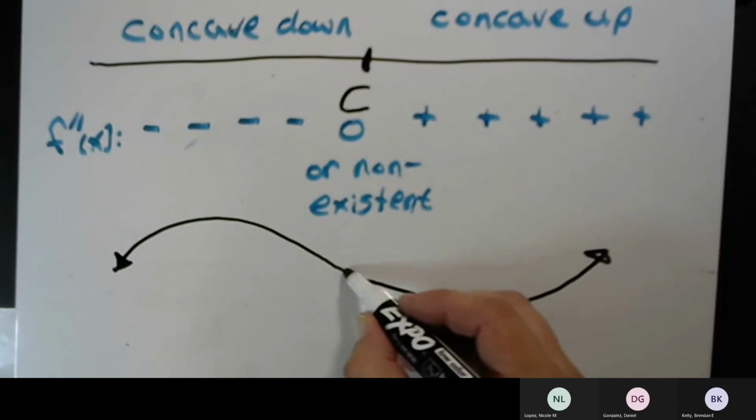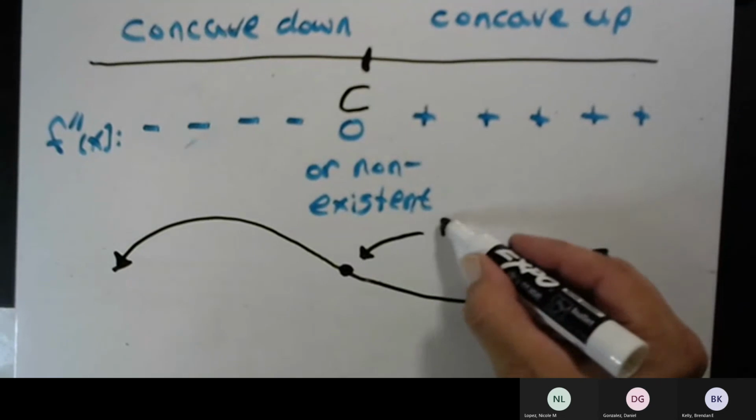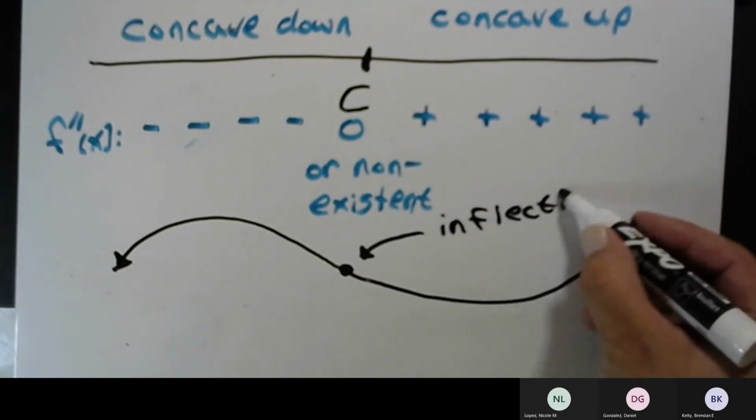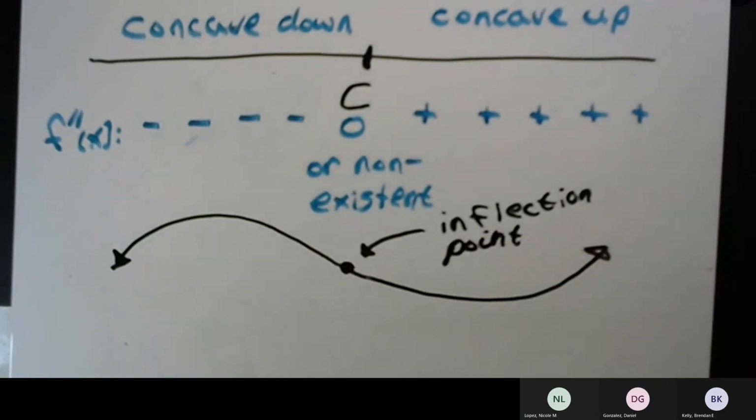So we could be looking at something like this. So that's what we're looking at when we talk about our inflection points. So any questions about that?